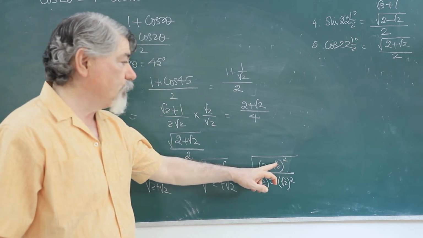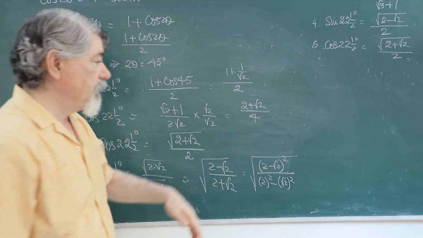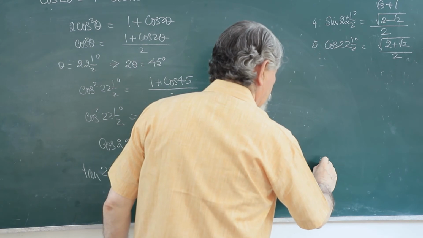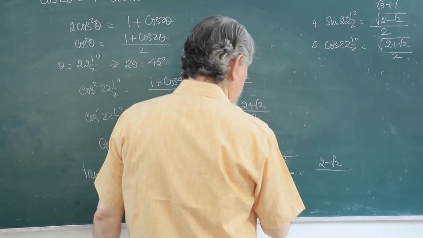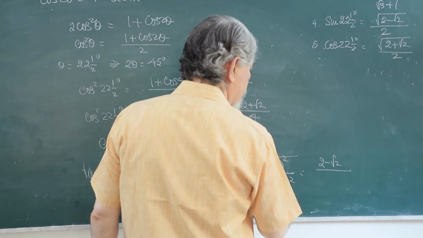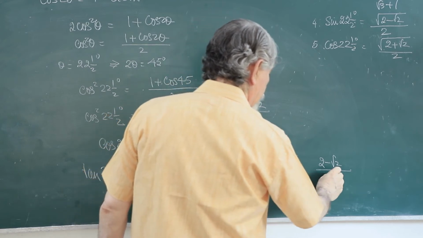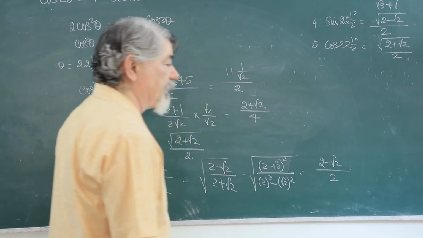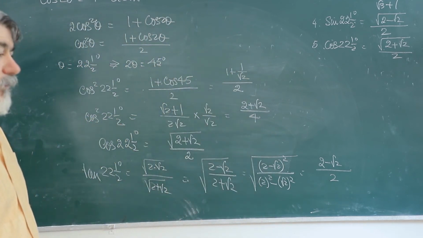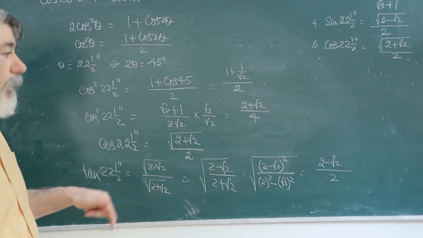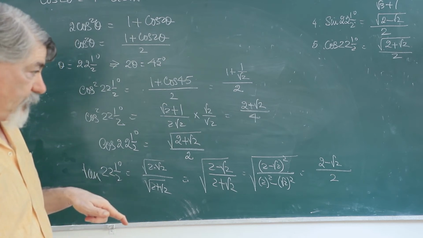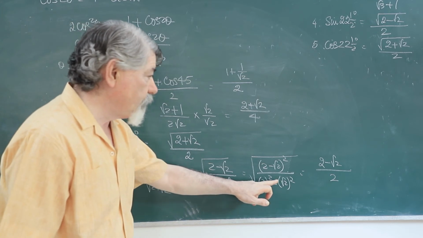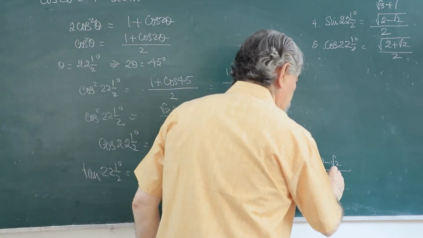In the numerator, 2 minus root 2 whole square, when you take the square root, you will get 2 minus root 2. And here, 2 twos are 4, 4 minus 2 is 2. So this is 2 minus root 2 upon root 2, because 4 minus 2 is 2, and its root is root 2.